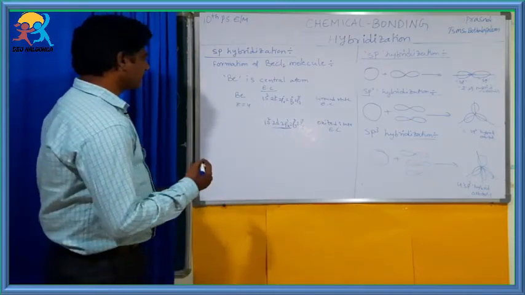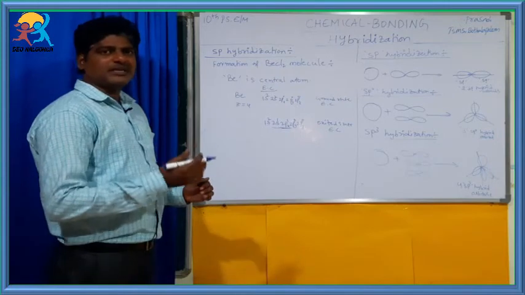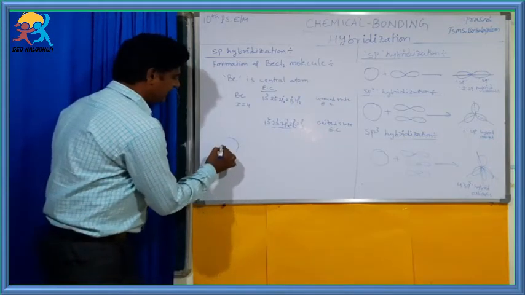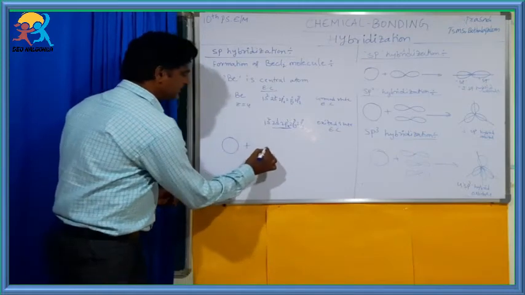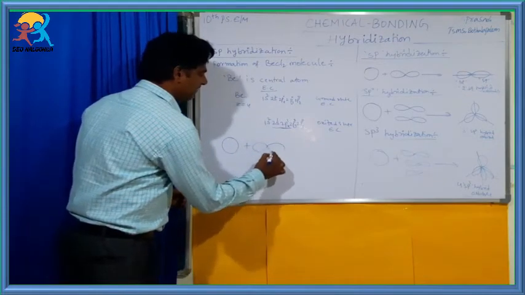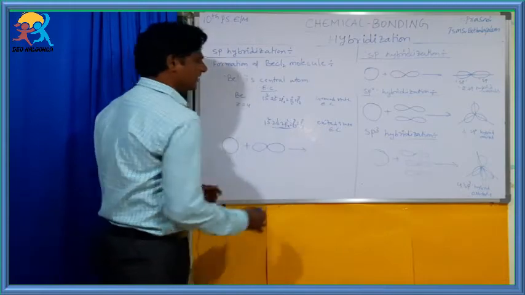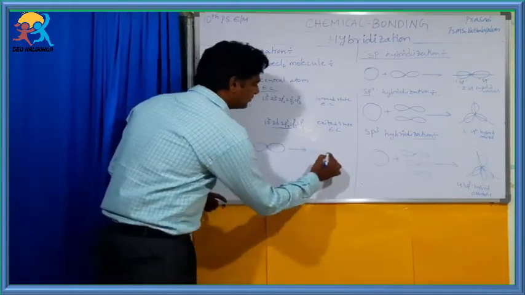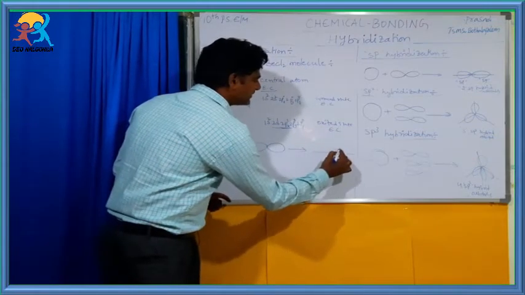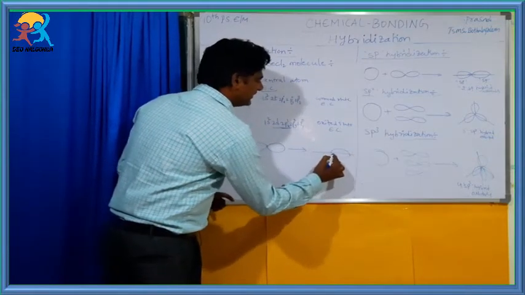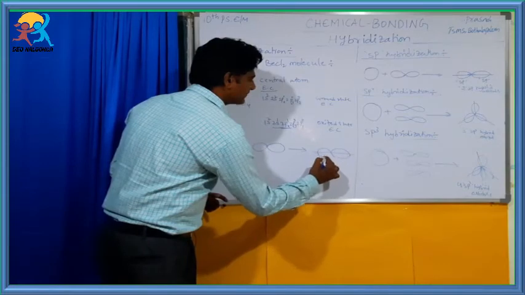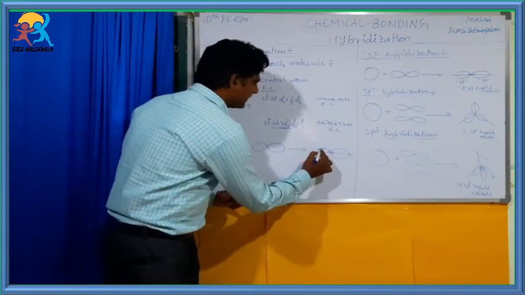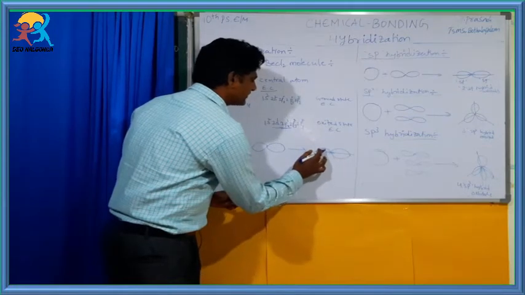How do these orbitals undergo hybridization? The 2s orbital and the 2px orbital of the beryllium atom intermix and form two new hybrid orbitals. They are called sp hybrid orbitals, which have equal energy and equal shape.